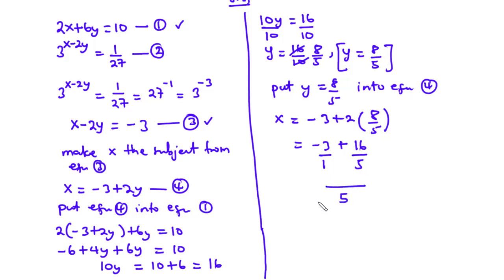So that is 5. 5 divided by 1 is 5 times negative 3 is negative 15. 5 divided by 5 is 1. 1 times 16 is 16. Negative 15 plus 16 is 1. So 1 over 5. Therefore, x is equal to 1 over 5. So we have x equals 1 over 5, y equals 8 over 5.